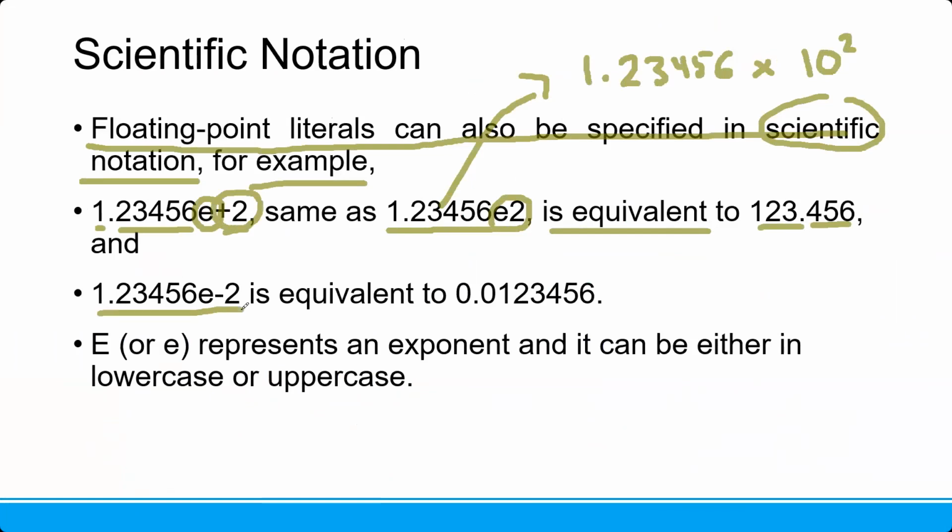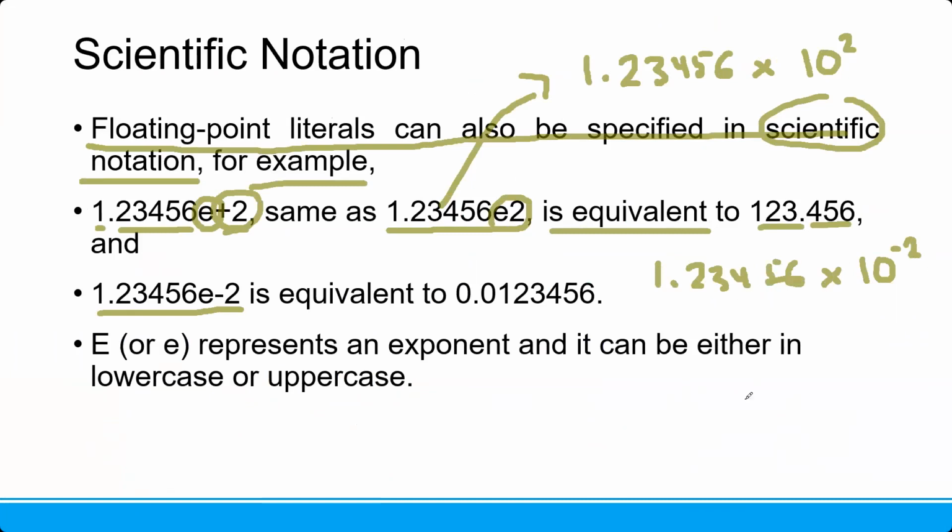What about this? 1.23456 E minus 2. It means 1.23456 multiplied by 10 power minus 2. 10 power minus 2 means it is divided by 100.